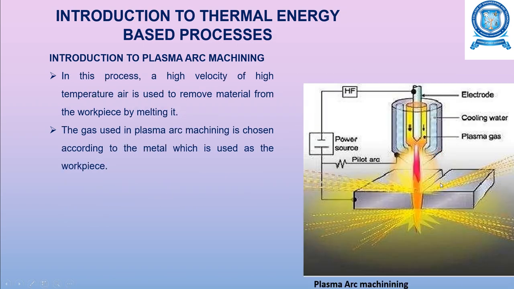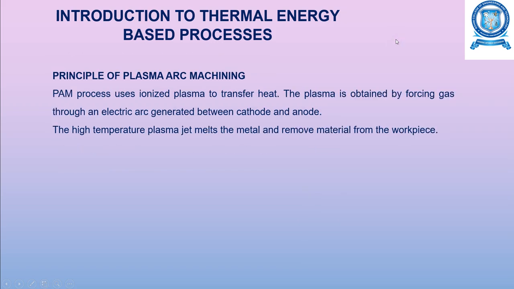This is the diagram of the machine setup. High velocity, high temperature air is used to remove the material from the workpiece by melting it. The gas used in plasma arc machining is chosen according to the metal used as the workpiece.